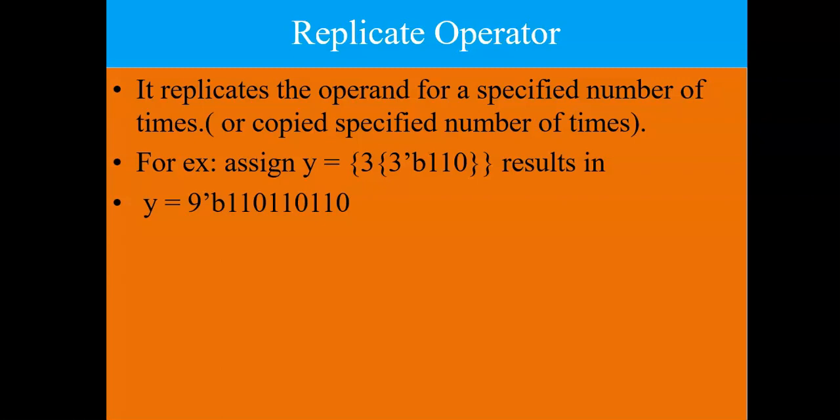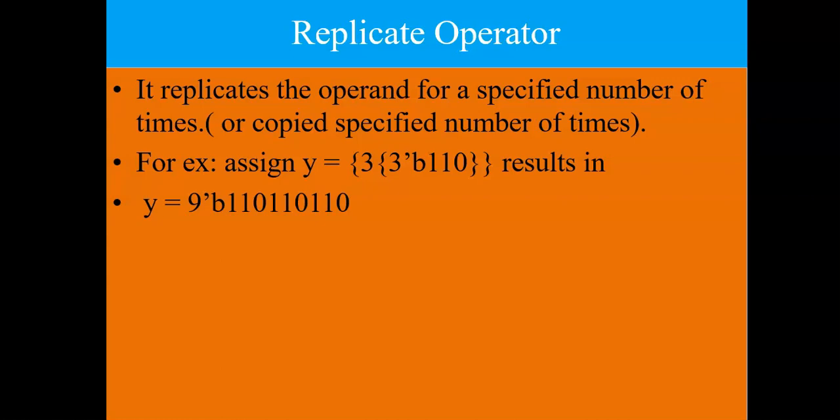Similarly, there is another operator called replicate. Replicate means simply copying, duplicating. So this operator replicates the operand for a specified number of times. How many times it is to be copied? This is the advantage. Instead of typing every time, you give the number of times that data is to be copied.